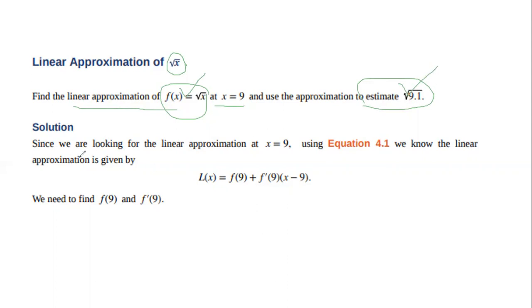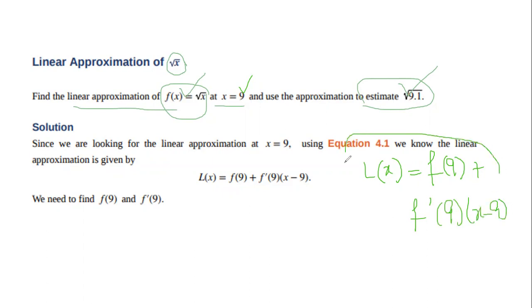Since we're looking at linear approximation at x equals 9, the formula of linear approximation is L of x equals the given function at 9, so f of 9, plus the derivative of f at 9 times x minus 9. So this is my constant formula when finding the linear approximation.